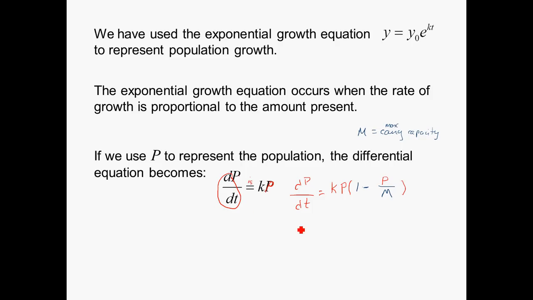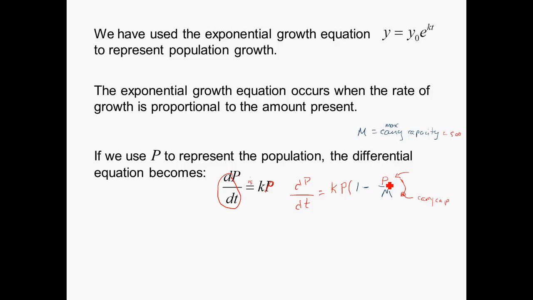If this number represents the carrying capacity of the environment, and this is your population, let's say M was 500.